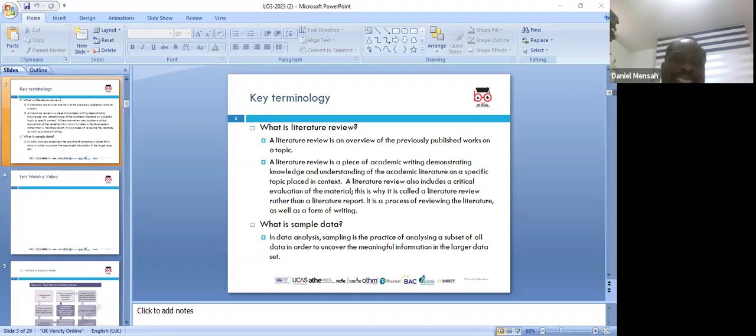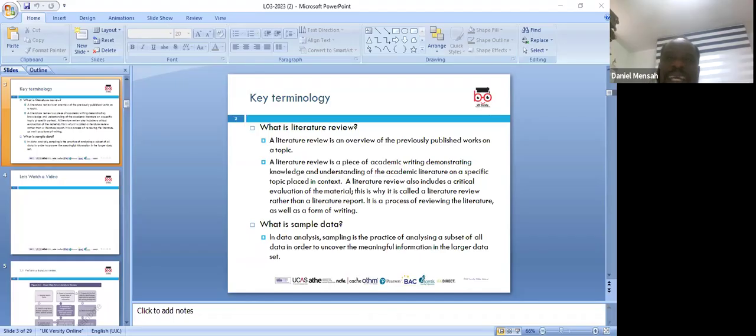Okay, so your sample data should not be huge, and that emanates from the very topic you have chosen. And so I gave an example that if you want to do, let's say, the effect of social media on adolescents in the UK, that is quite huge.